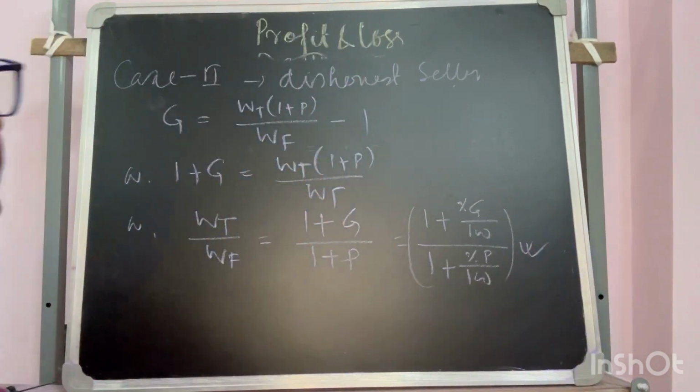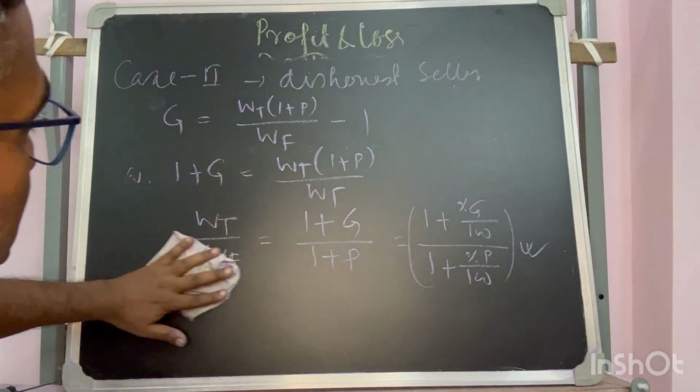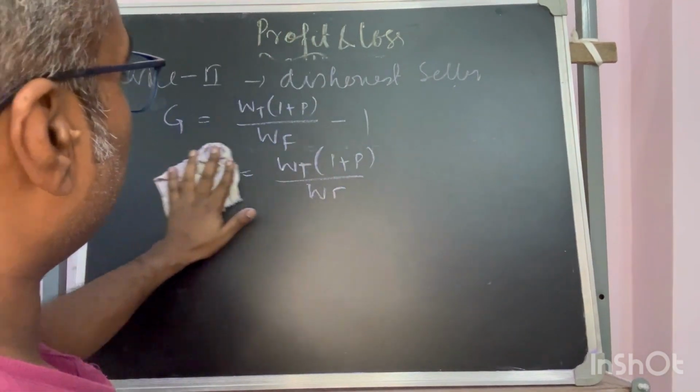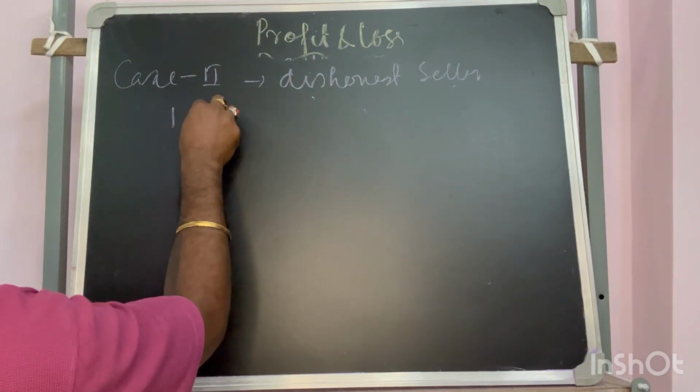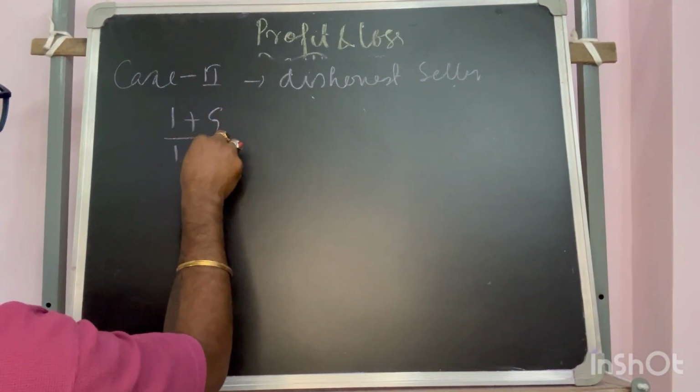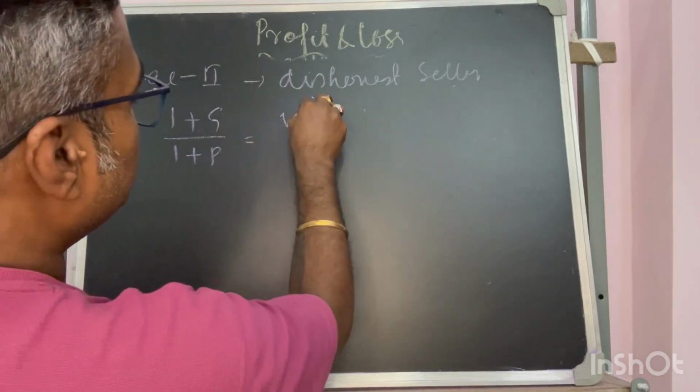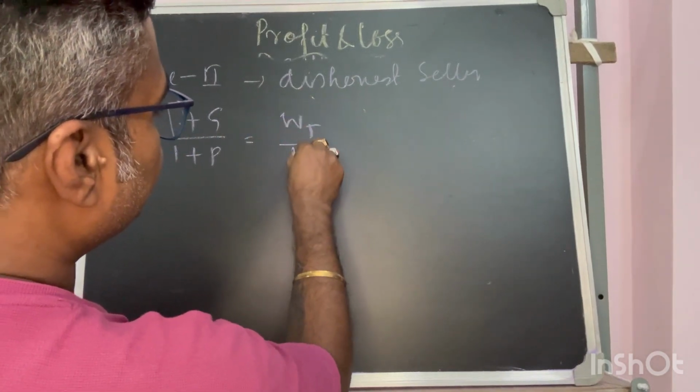Okay, now with the help of this, we can also establish another equation, that is 1 plus G divided by 1 plus P is equal to WT by WF.